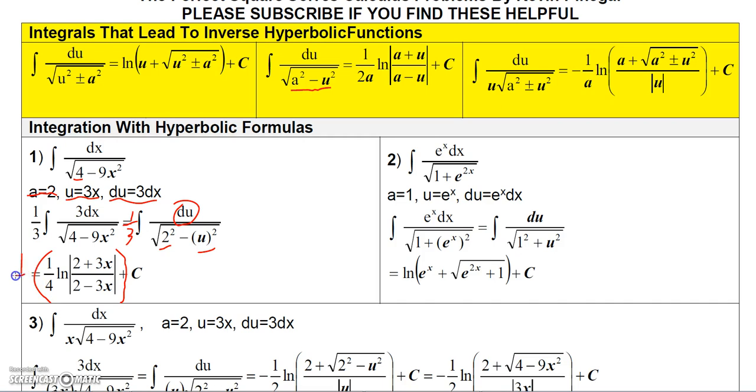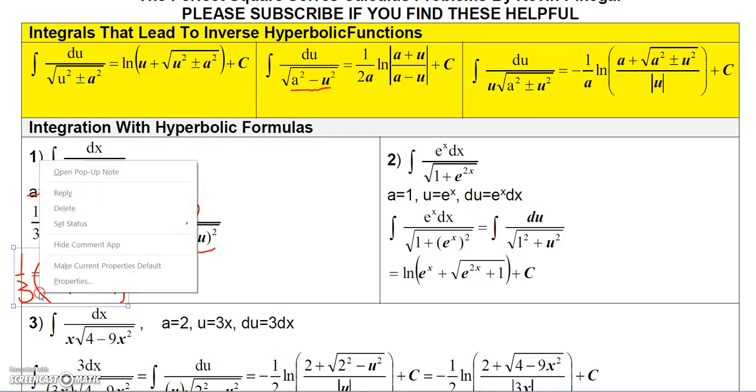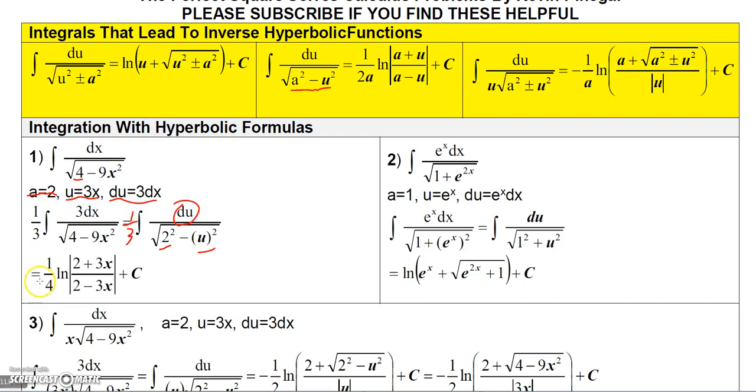So all you have to do there is just change this 1/4 to 1/12 to correct my little error there. So we'll just change this to 1/12, and that'll be correct. So you have 1/12 times the natural log of the absolute value of 2 plus 3x over 2 minus 3x plus a constant.